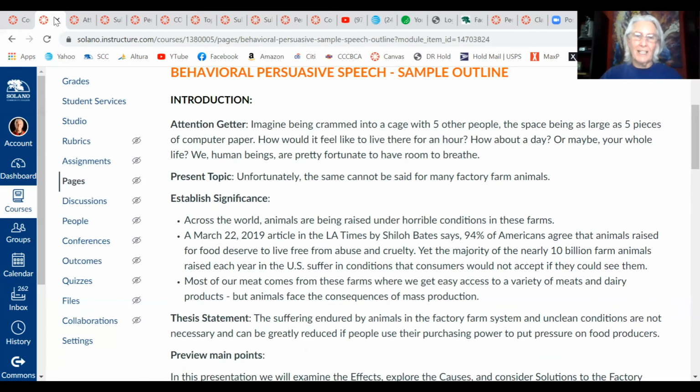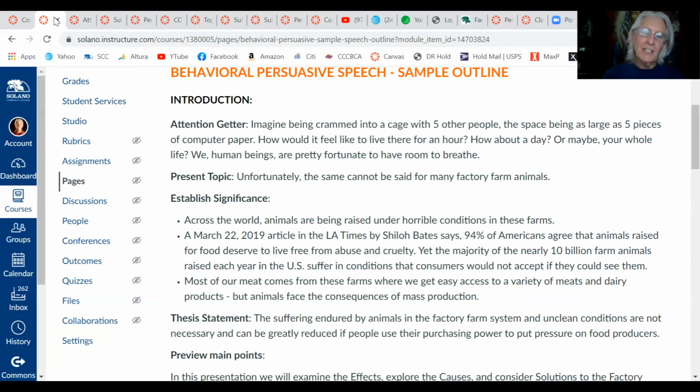So a great attention getter would be to start with the story of somebody whose identity was stolen and the consequences of that, right? Because if you can get us to kind of care and feel about the problem, even before you get to the actual topic, that's a big step down the path of persuasion.